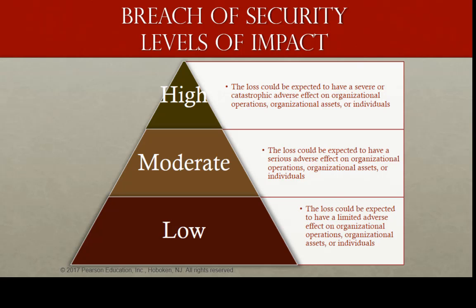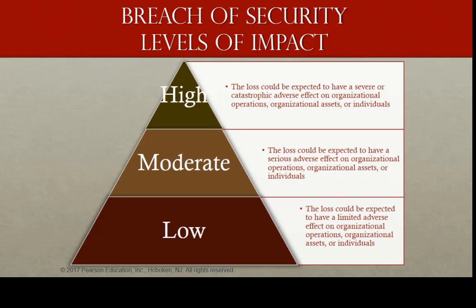High. The loss could be expected to have a severe or catastrophic effect on the organization, operations, assets, or individuals. A severe or catastrophic adverse effect means that, for example, the loss might cause a severe degradation in or loss of mission capability to an extent and duration that the organization is not able to perform one or more of its primary functions.